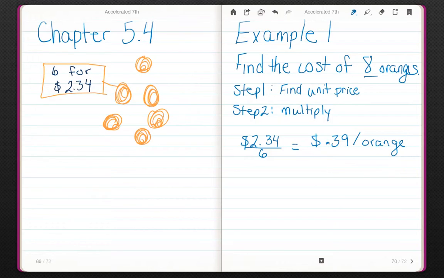Now that I know how much one orange costs, I can use step 2, multiplying: 39 cents per orange times the 8 oranges that I actually need is going to cost me $3.12. So first I have to find the unit rate, what does 1 cost, and then knowing that, I can multiply by however many I'm going to purchase. In this case, 8 oranges.